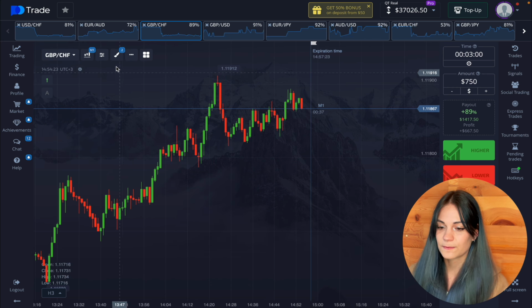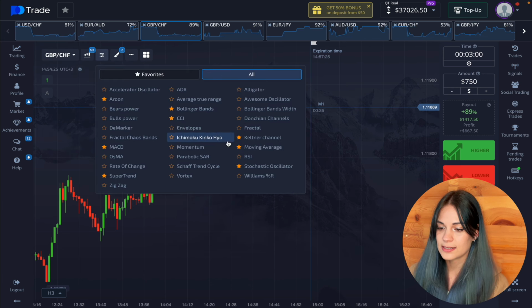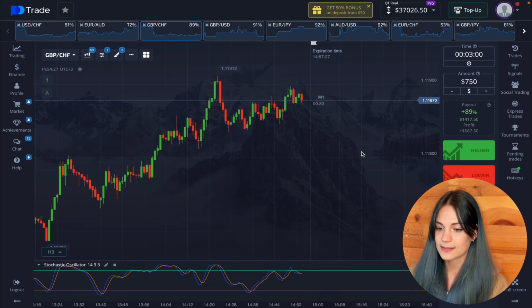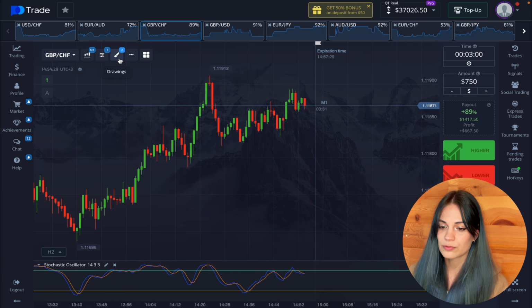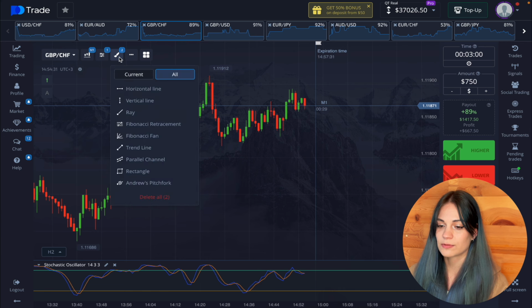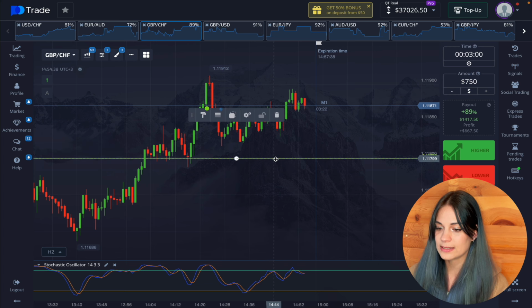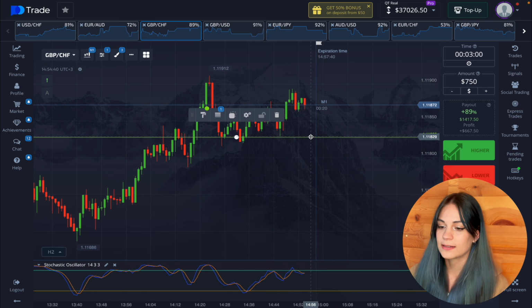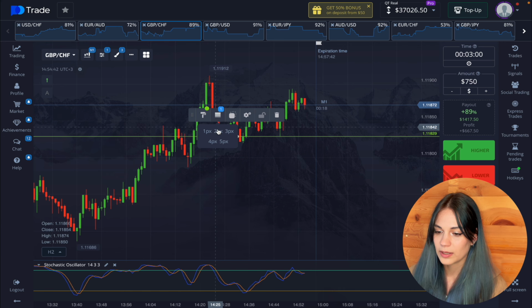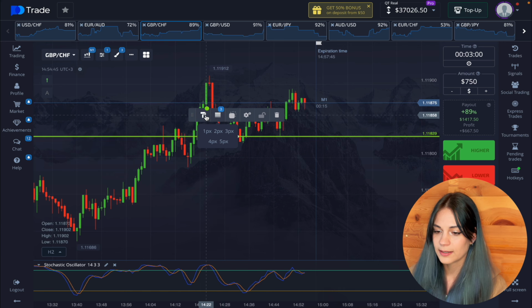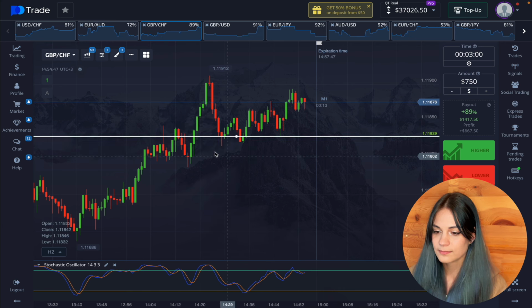And let's start. First things first, we need the indicator, and it's going to be the stochastic oscillator. And for you to draw the support and resistance lines, you can click on drawings and choose horizontal line. So it's easy as heck. Now let's look at the chart that we have here. We're going to make it a little thicker, and it's going to be the support line, and it's white.